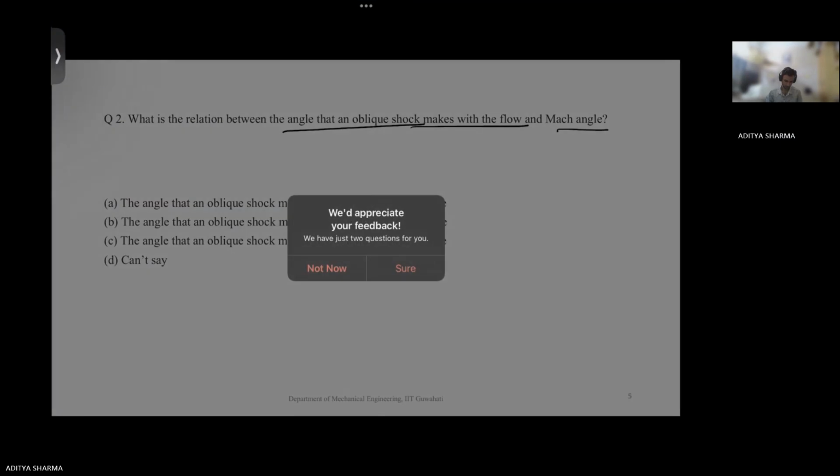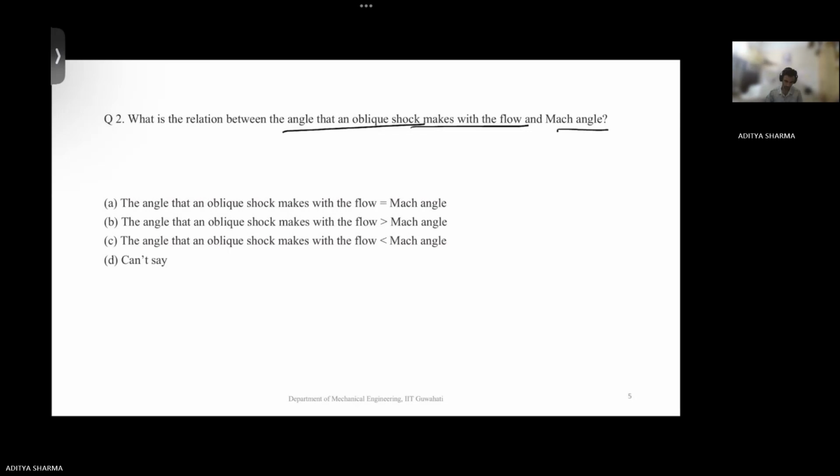So B option, if you see, this is going to be the correct option. Then next question we can see.